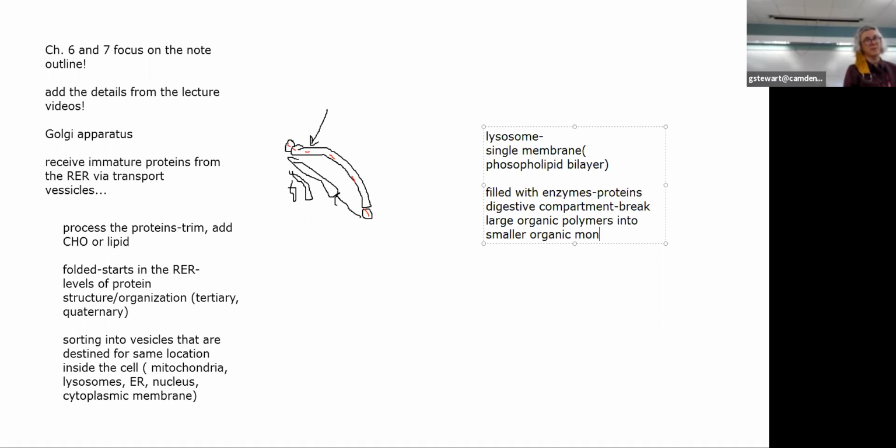I'm going to put monomers to help us remember things from chapter 5. Things that can break down lipids, things that can break down carbohydrates, things that can break down proteins. Right? Because of that, the pH in the lysosome tends to be acidic. Because acids can break hydrogen bonds and interfere with hydrogen bonds better than bases can. And so that tends to aid that digestion or breaking apart.